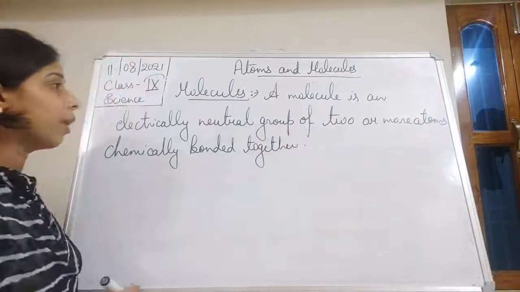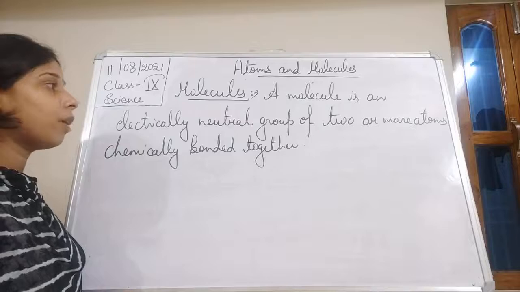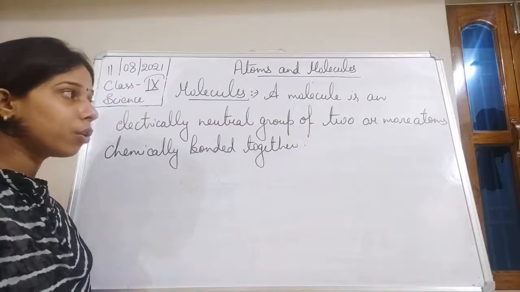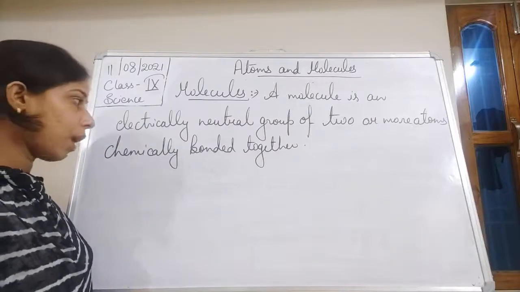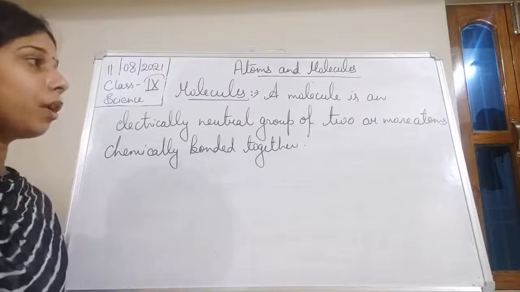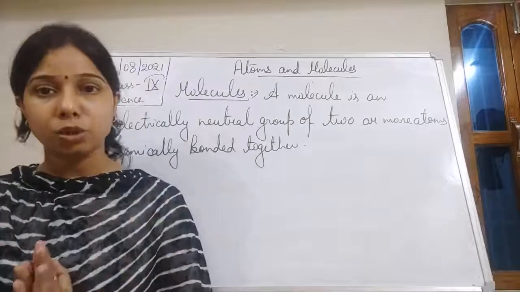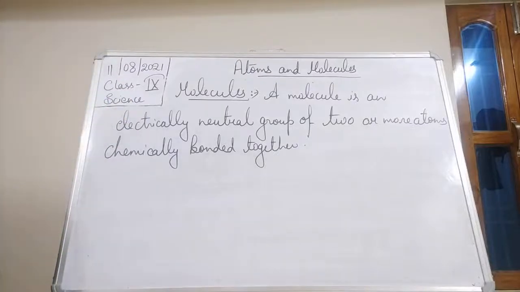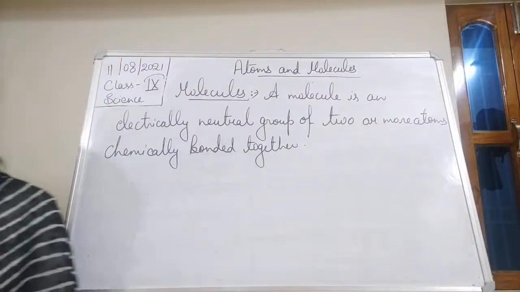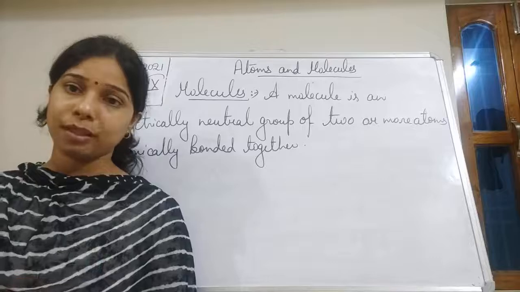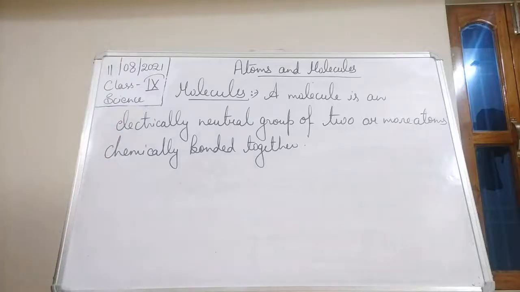So when two or more atoms are chemically combined, they form molecules, and the bonding between them is called a covalent bond.